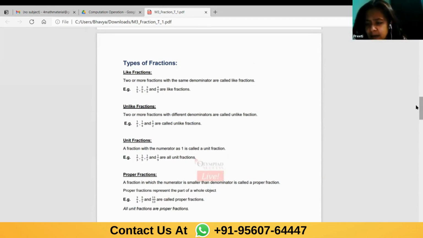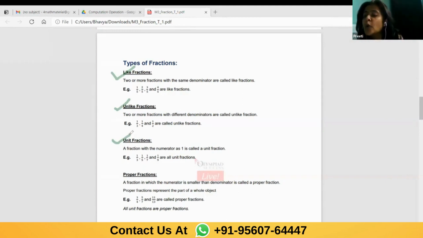Please repeat again. He said where are the unlike fractions and unit fractions. Here: like fraction, unlike fraction, unit fraction. Okay, these are the 3 fractions which I explained to you.